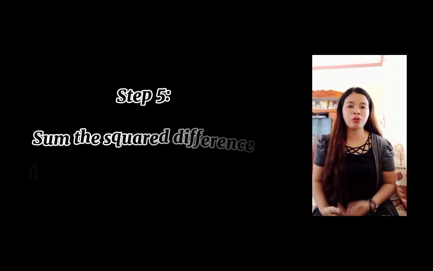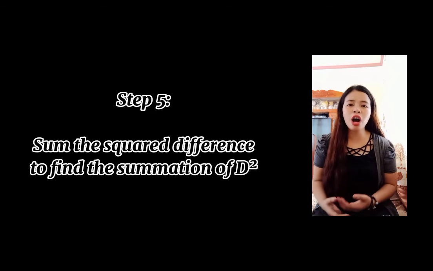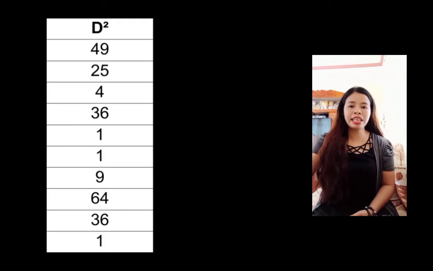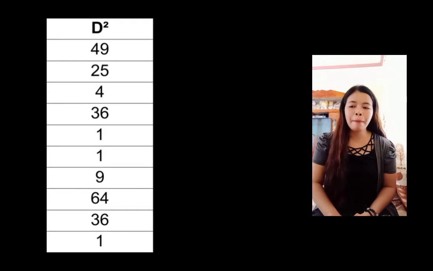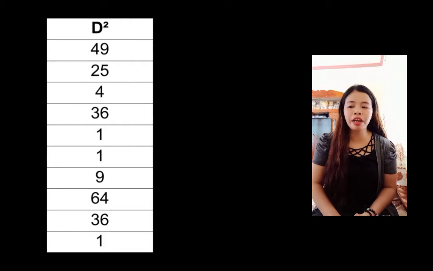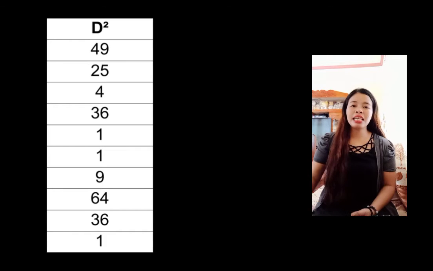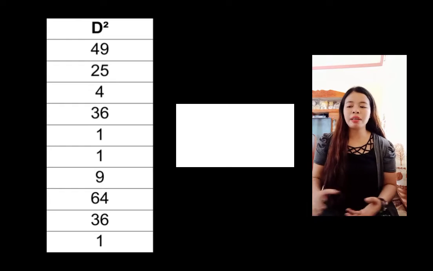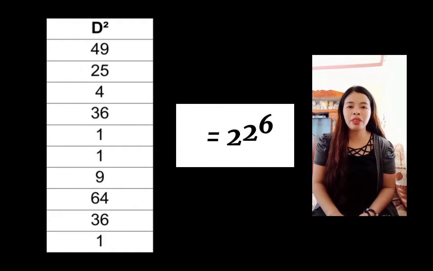We are going to add all the numbers under D squared: 49 plus 25 plus 4 plus 36 plus 1 plus 1 plus 9 plus 64 plus 36 plus 1 is equal to 226. So our summation of D squared is 226, or the sum of the squared differences between the ranks.